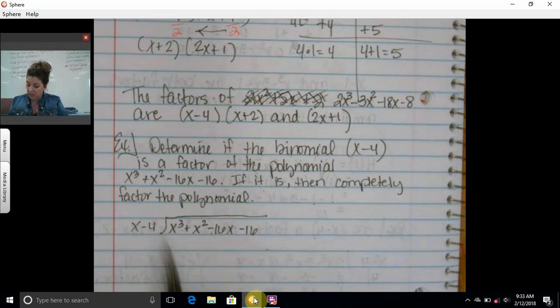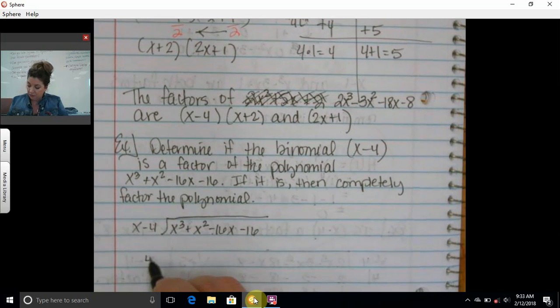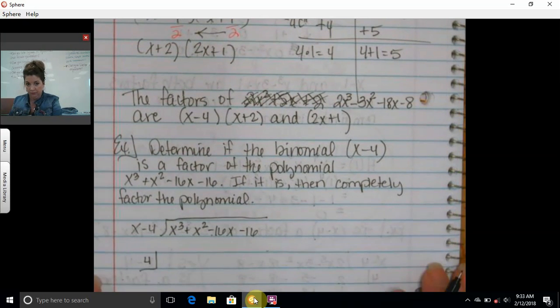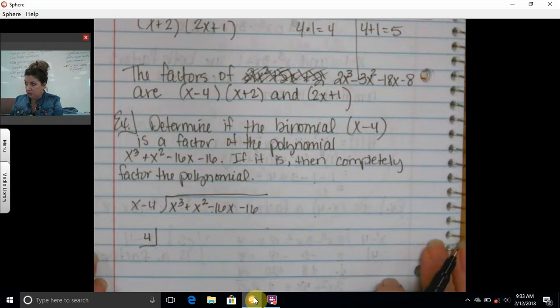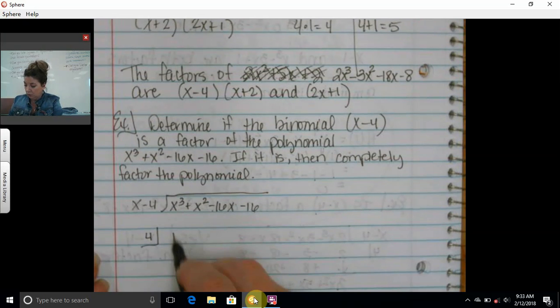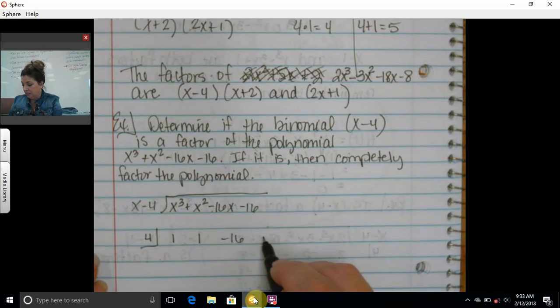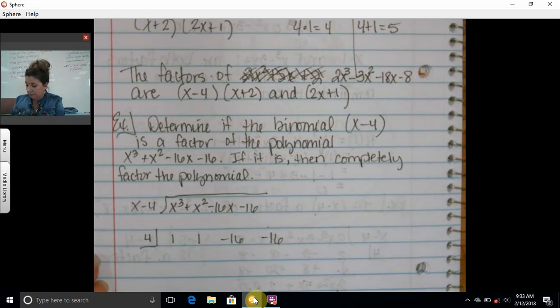So I'm going to change the sign of -4, bring down a +4, and then the coefficient of each term. So 1, 1, -16, -16. Skip a line, draw a line.